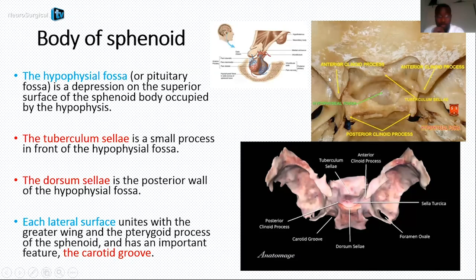The tuberculum sellae is this small process in front of the hypophyseal fossa. And the dorsum sellae is the posterior wall of the hypophyseal fossa. Laterally, you have here the carotid groove, lateral to the dorsum sellae, whose name is lesser foramen lacerum.